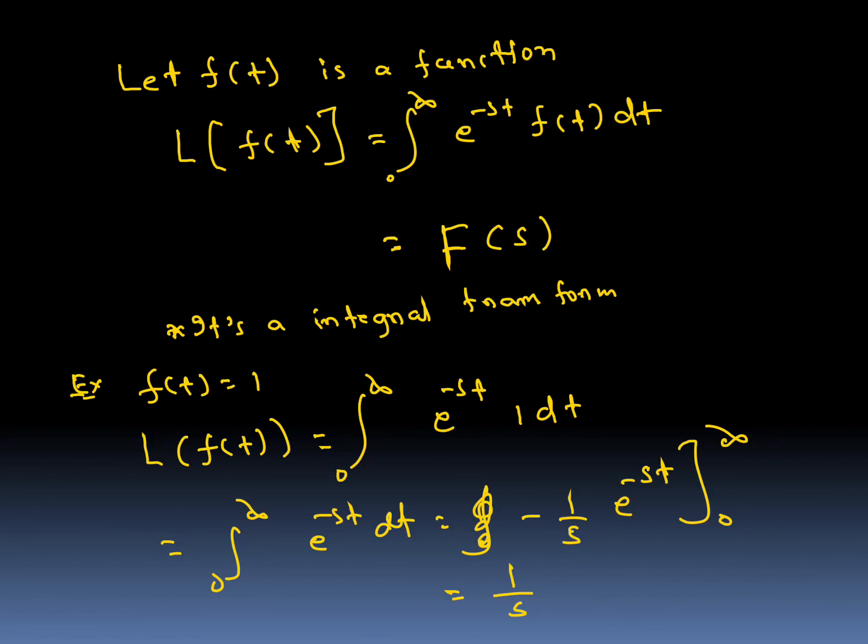So Laplace of 1 equals 1 by s. Then I am directly writing the formulas. Formulas are important for the upcoming GATE and ISRO exams. Laplace of 1 we already got, it's 1 by s. Then Laplace of t equals 1 by s square.